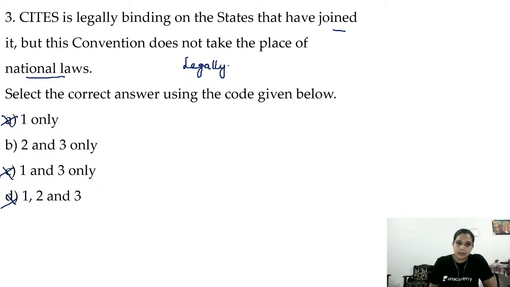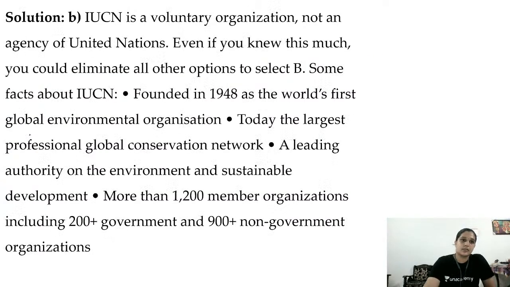What does legally binding mean? Legally binding means if a country signs a legally binding convention, the country should definitely create a national law from that particular framework. So the third statement is right. So the answer is 2 and 3 only. Clear? It's a voluntary organization, not an agency of the United Nations. You know that alone, you get the answer.